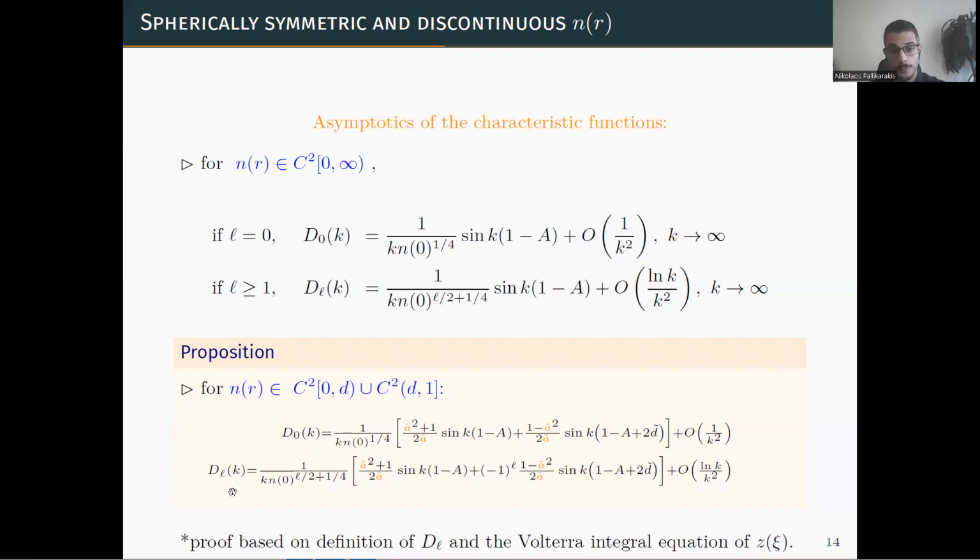These are proved using the definition of the characteristic function and the Volterra integral equations of Z, because using the Liouville transformation, we can also define the corresponding Volterra integral equations for Z. One last thing that can easily be checked is that in the case where A tilde is 1, these asymptotic formulas are equivalent to the previous ones, because only the first sine remains.